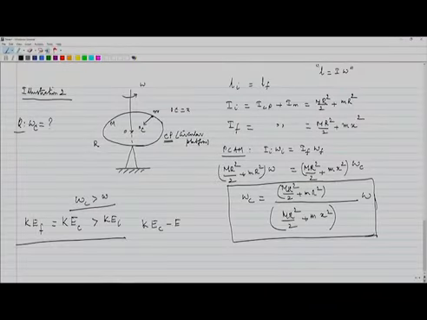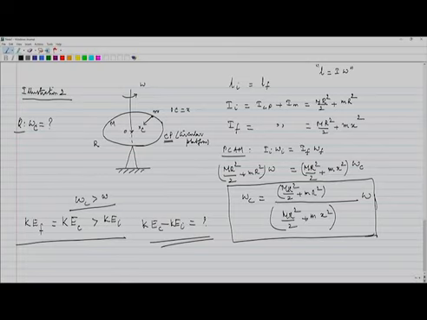One can calculate the increase in kinetic energy. This can be calculated because the expression is half I omega squared. We know the kinetic energy initially, half I omega i squared, and we are calculating omega c.